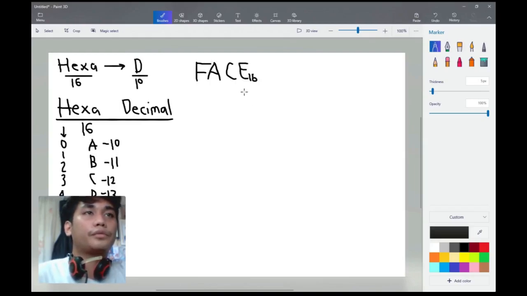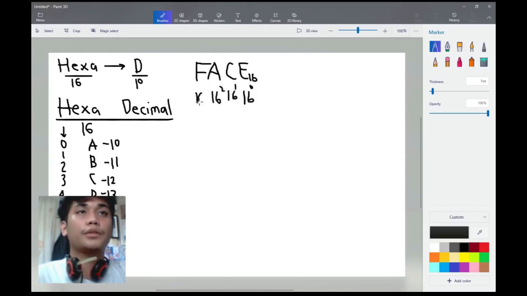So we have 16 to the power of 0, 16 to the power of 1, 16 to the power of 2, and 16 to the power of 3.